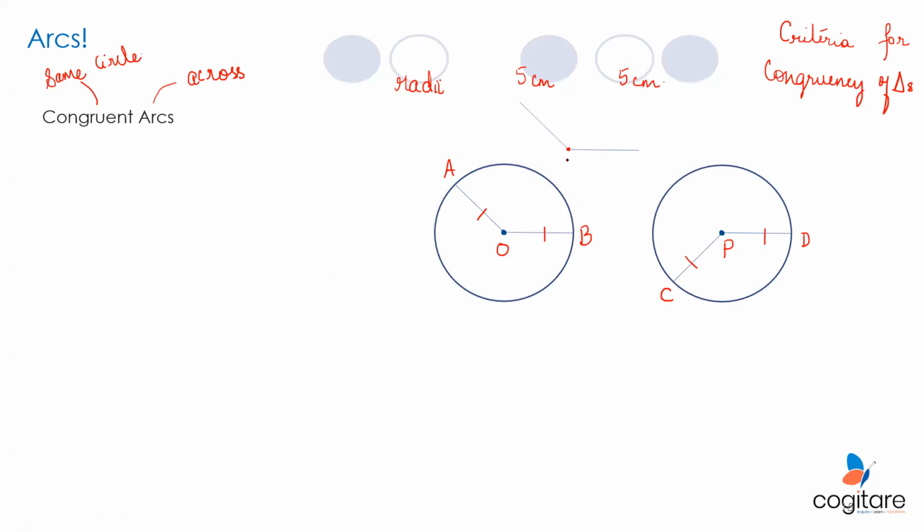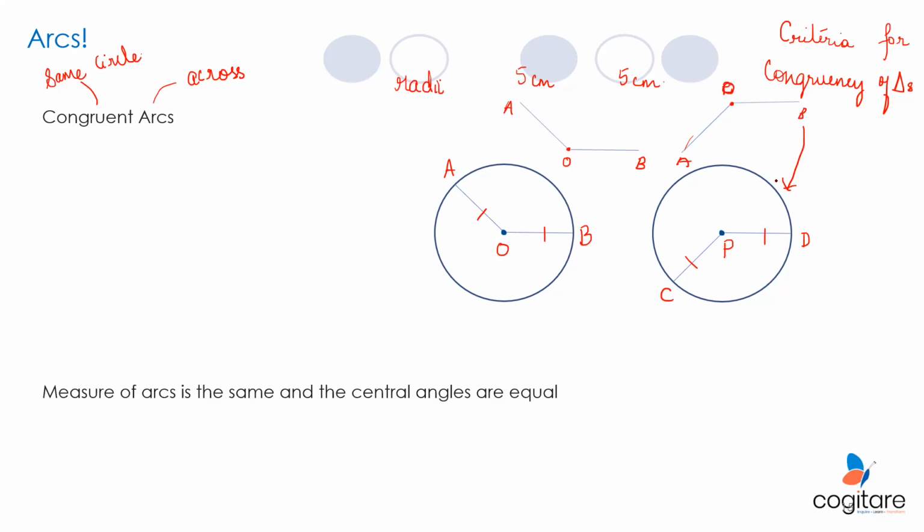I have the center O, and these are the points A and B. I rotated it and superimposed the same arc AB onto this circle, and you'll see that they overlap.